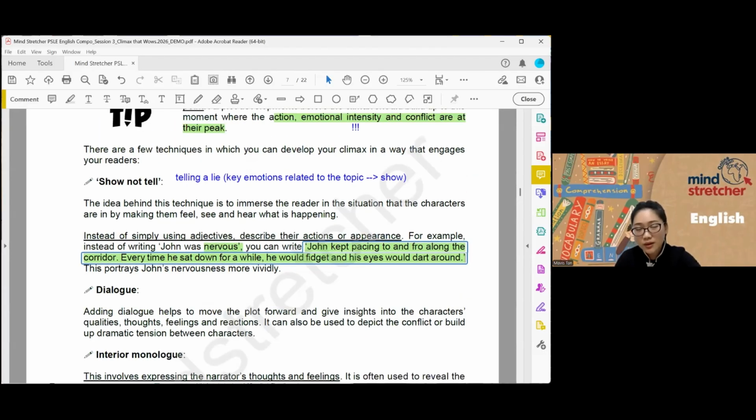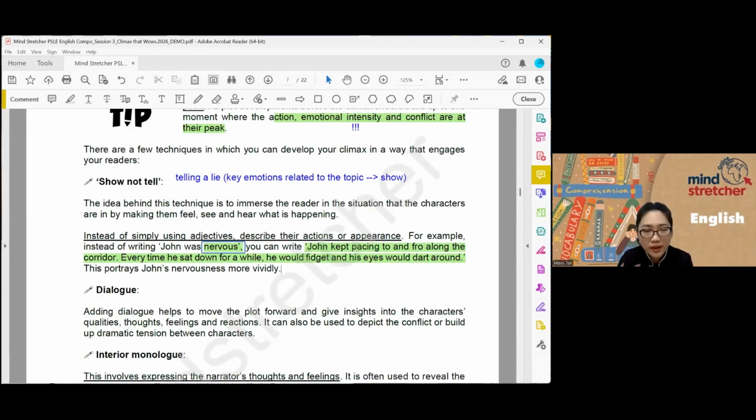The key for telling you about this technique, and all your teachers tell you this, is because very often when you just keep telling, there's no development of key emotions. And for a composition like telling a lie, the emotions are so important. Okay? So show, and as you're showing, what are you doing?